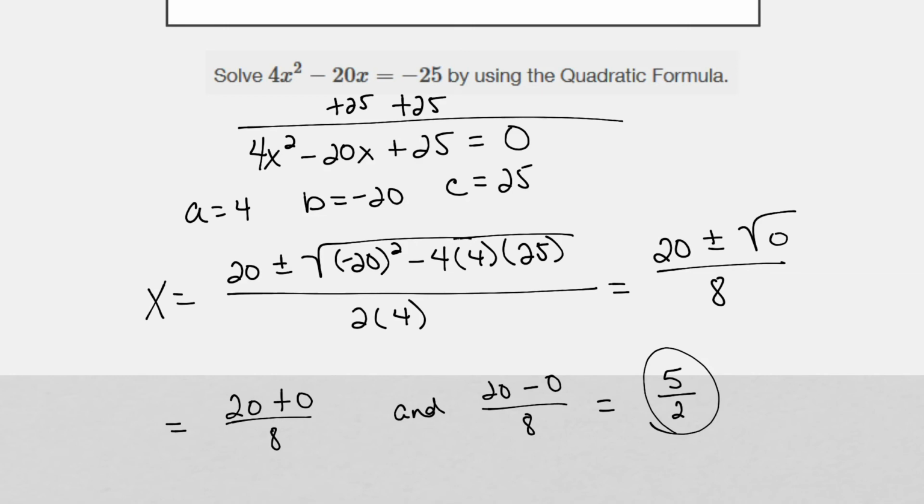So we only get one solution this time, and that's okay. It's okay to only get one solution. The reason we only got one solution is because what was under here was 0. So anytime you get 0 under there, you're only going to have one solution. And there it is. And notice 20 over 8, I reduced that by a factor of 4. 20 divided by 4 is 5. 8 divided by 4 is 2. That's where I get 5/2 from.